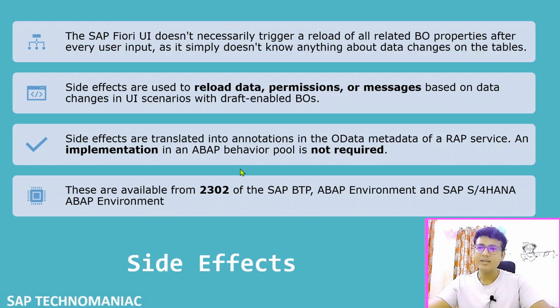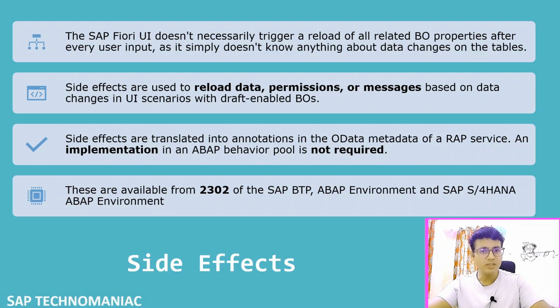One more important thing: side effects are only available from SAP S/4HANA version 2302. It is available on SAP BTP, on-premise, or cloud, but your S/4HANA version should be 2302 and above.